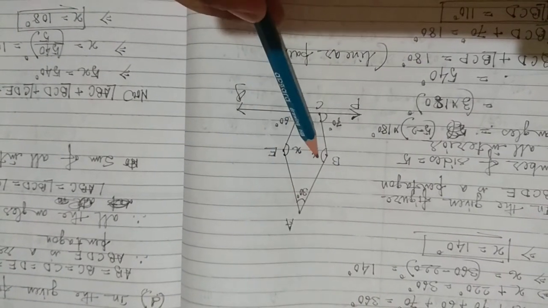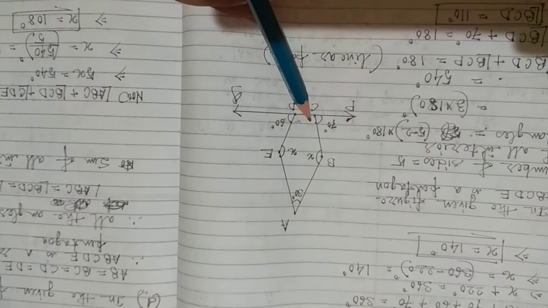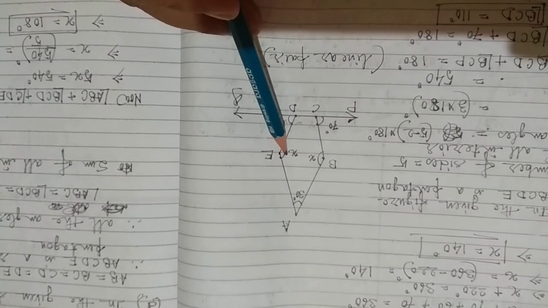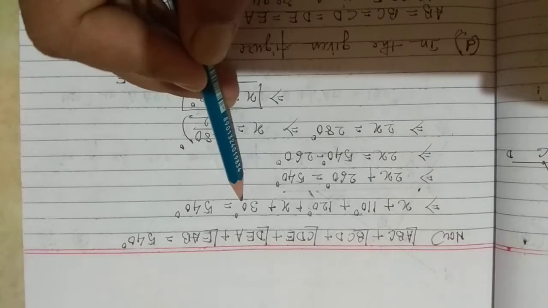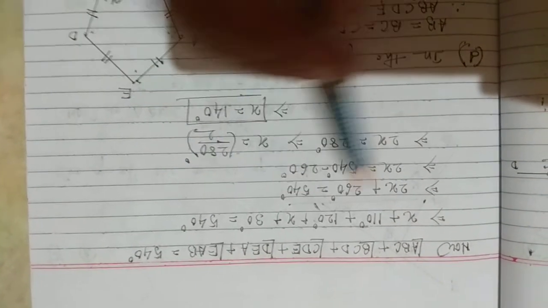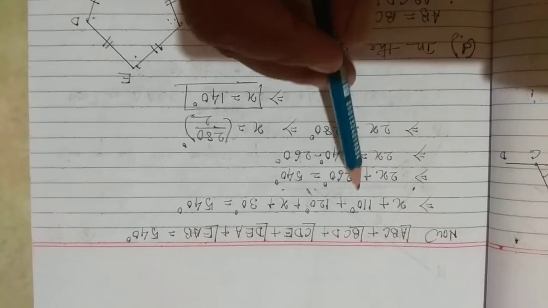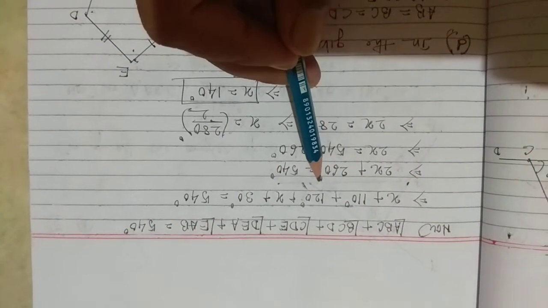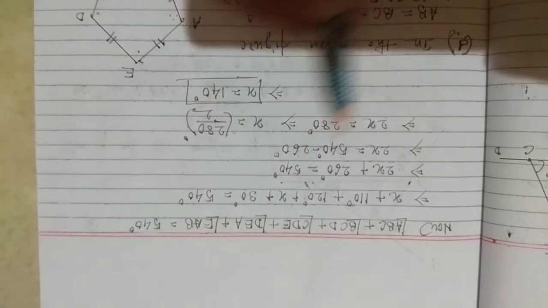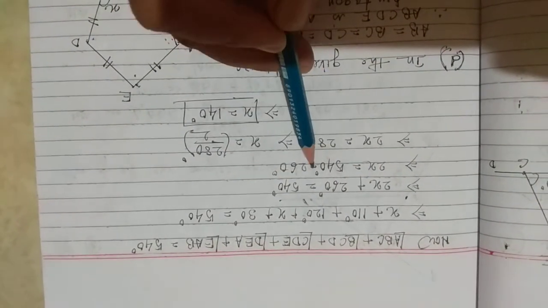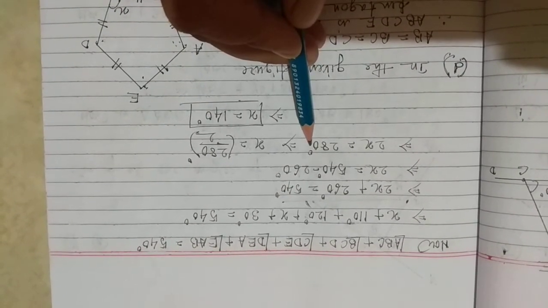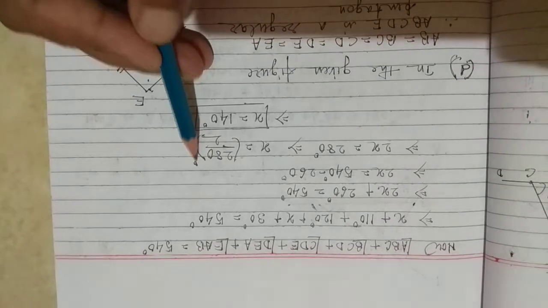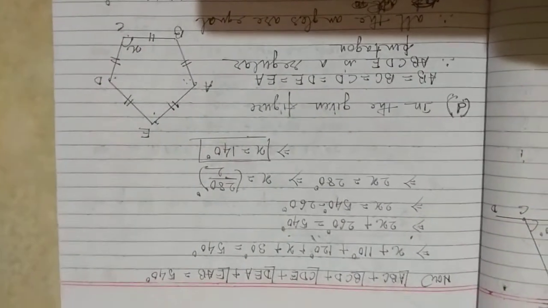So 30 plus x plus 110 plus 120 plus x equal to 540 degrees. This implies x plus x, that is 2x, plus this plus this plus this equals 260 degrees plus 2x equal to 540 degrees. So 2x equals 540 minus 260 degrees equals 280 degrees. This implies x equals 280 by 2 equals 140 degrees. So x equals 140 degrees.